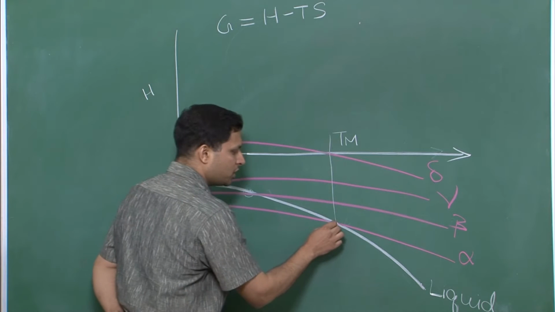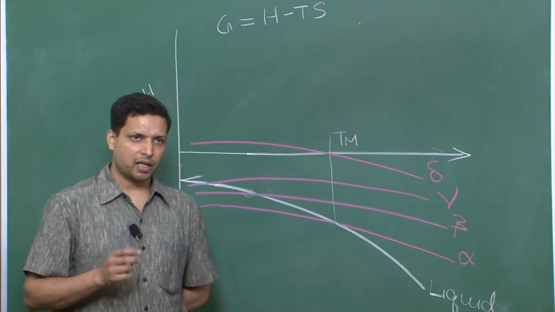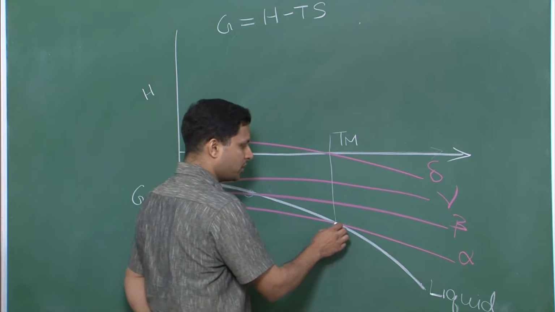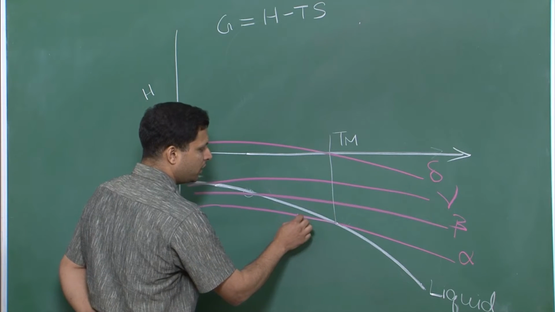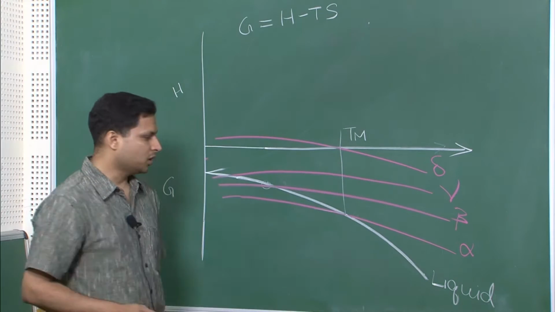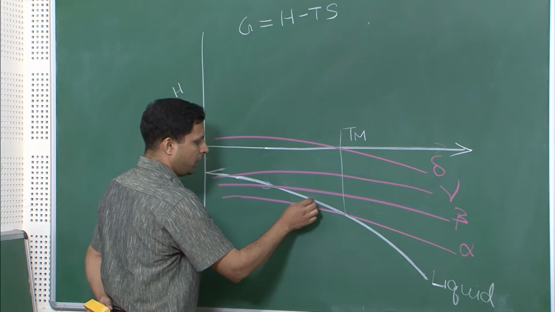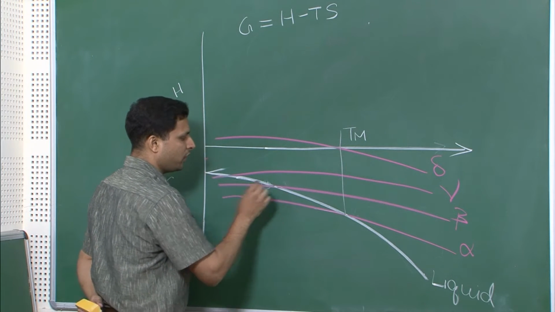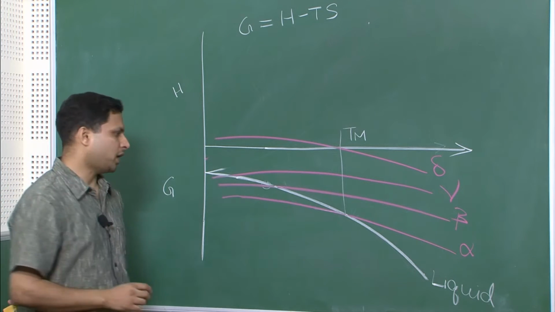So, alpha phase should start to nucleate over here, but it is quite possible and practicable that you can suppress nucleation of alpha phase. So, instead of going to the stable alpha phase, you will still maintain supercooled liquid and you may get to a temperature where liquid to beta phase transformation takes place.